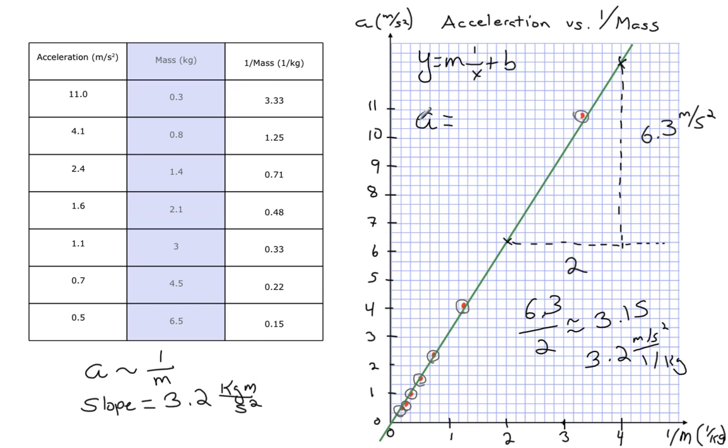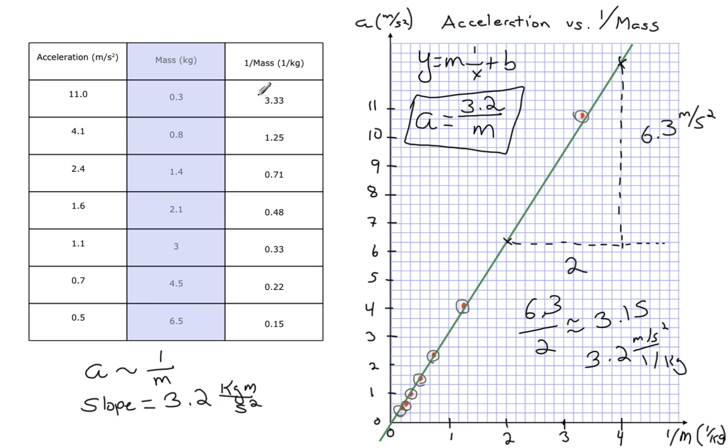The slope is 3.2 times 1 over x, times 1 over mass. So this is over the mass value, plus b, the y-intercept, which is 0. So using this form, y equals m times 1 over x plus b, I have this.